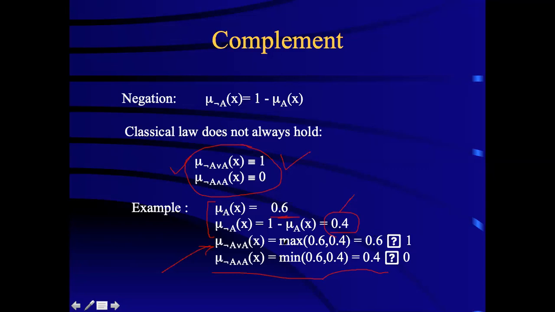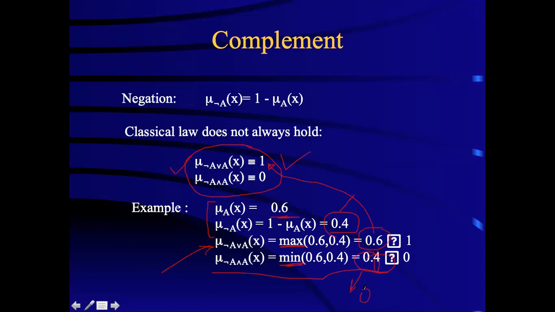यहाँ पे मैंने मैक्स ऑपरेटर यूज किया और के लिए, और यहाँ पे मैंने मिन ऑपरेटर यूज किया एंड के लिए. सो क्लासिकल लॉजिक के अंदर ये वैल्यू जो है वो एक्चुअली 1 होनी चाहिए थी, और ये वाली वैल्यू, दिस शुड हैव बीन 0, लेकिन ऐसा नहीं. Okay.